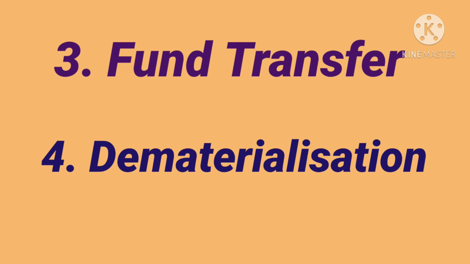The fourth point, dematerialization. Banks provide dematerialization facilities to their clients wherein they undertake the electronic transfer of shares in case of purchase or sale. These facilities enable clients to hold their securities in an electronic format.